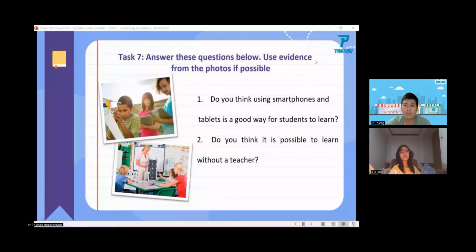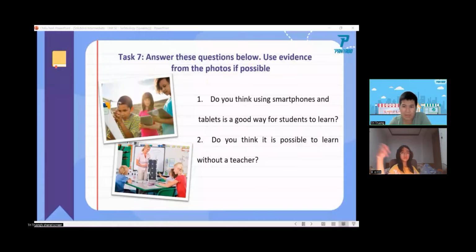So the task number 7, answer the questions below. Use evidence from the photos if possible. So that is the speaking part now. Do you think using smartphones and tablets is a good way for students to learn? You have 1 minute to think for this question.